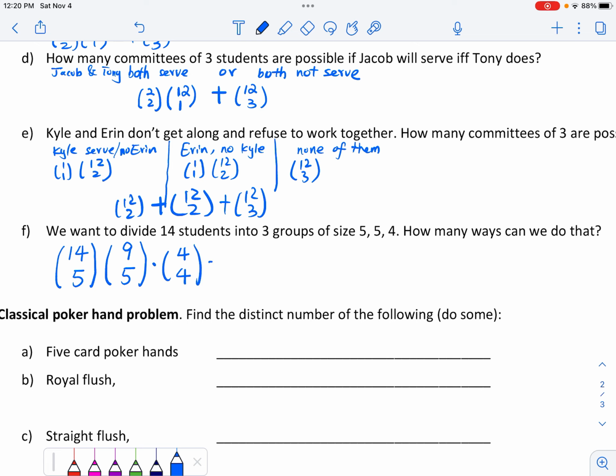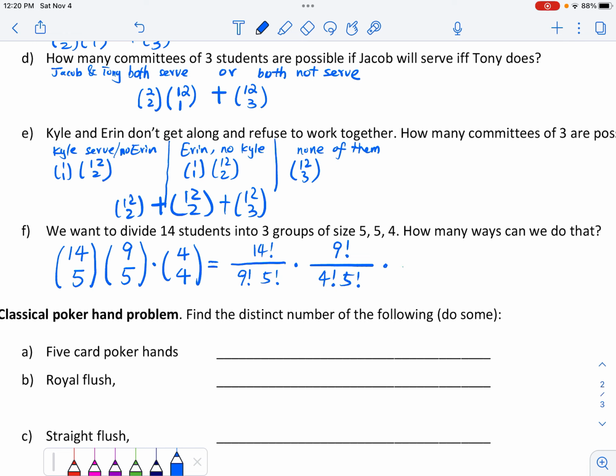Now I do want to carry out this algebra, just to look at the pattern. So how do we find 14 choose 5? It's 14 factorial divided by 14 minus 5, which is 9 factorial, times 5 factorial, times, now let's compute the 9 choose 5. So it will be 9 factorial divided by 9 minus 5, which is 4 factorial, times 5 factorial, right?